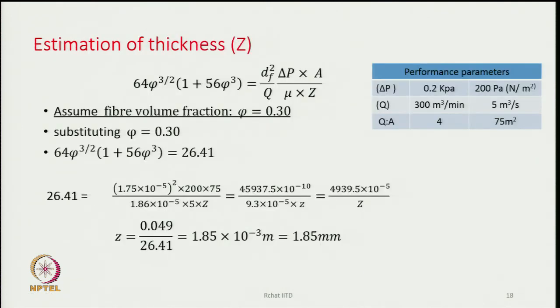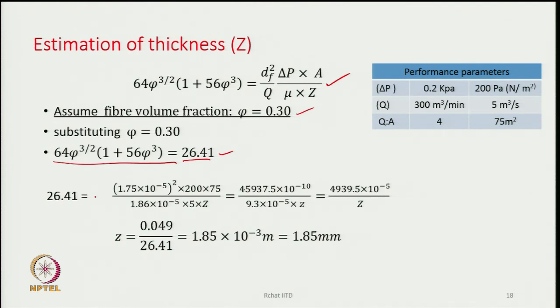Now, we make use of these equations, which we have already stated. We already know this equation we have written. Fiber volume fraction we have chosen to be 0.3. If we substitute this in these equations, we get a figure of 26.41.